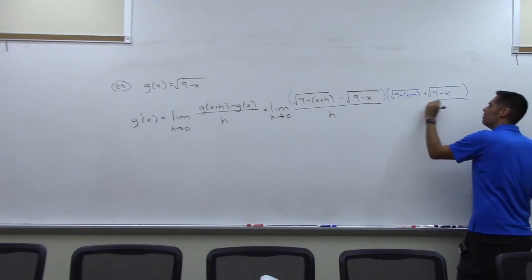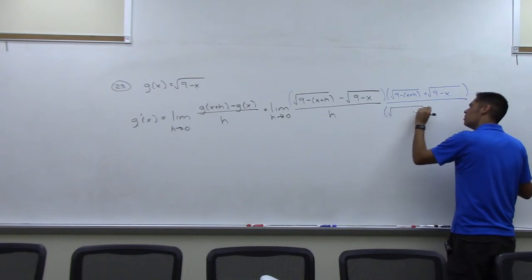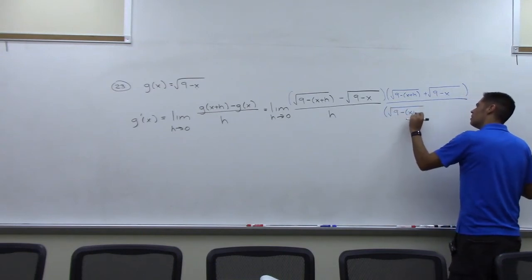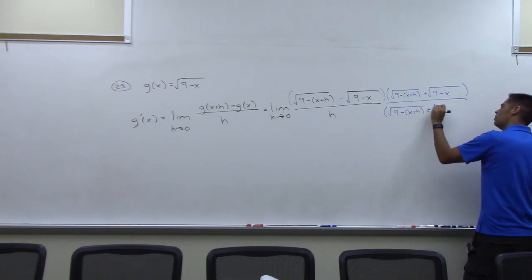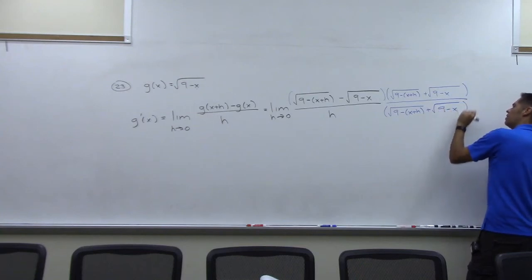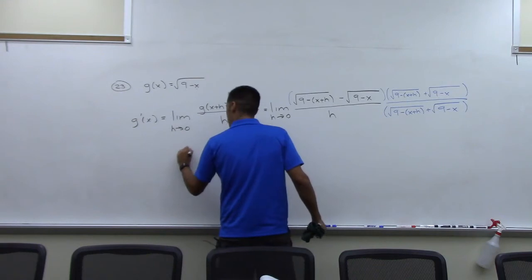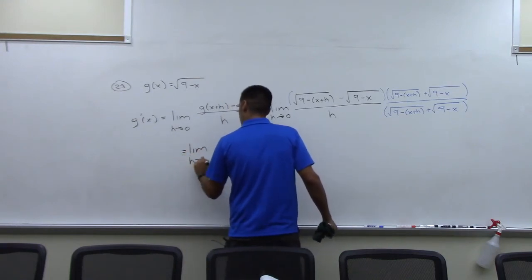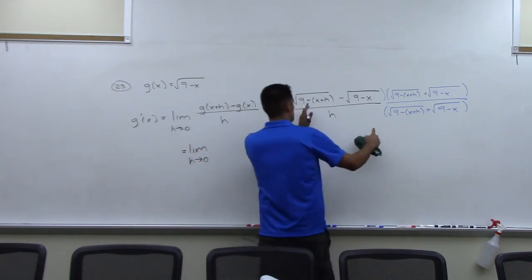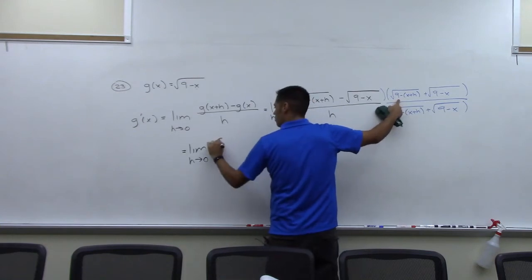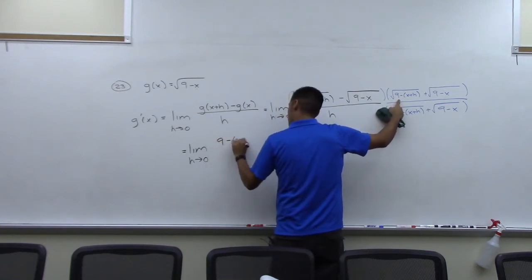And then we're going to do the same thing on the bottom. Root 9 minus quantity x plus h plus root 9 minus x. And when we do the top multiplication, the middle parts go away, so it's just this root and this root, which means the roots go away.